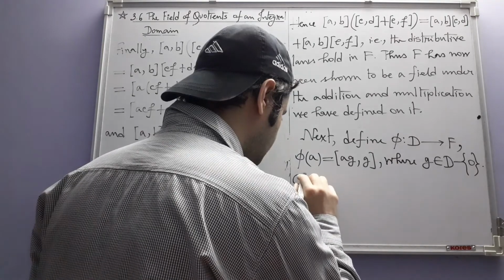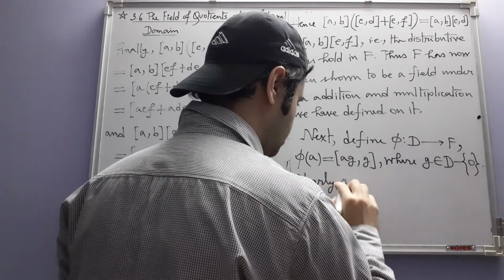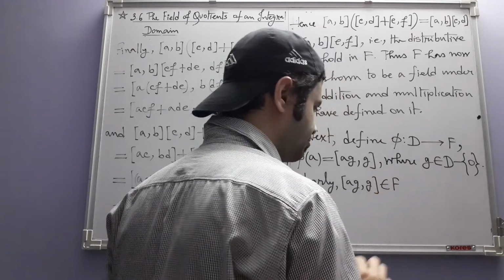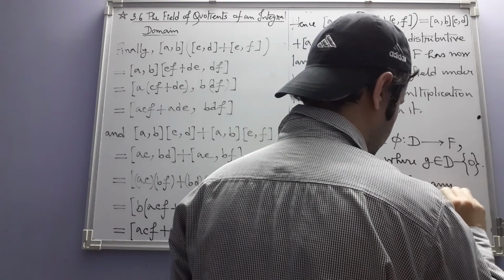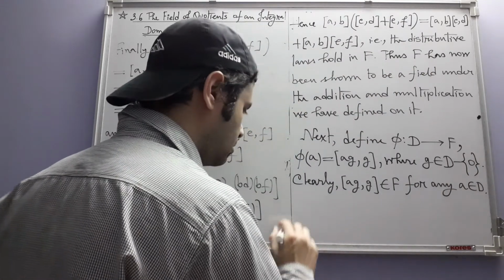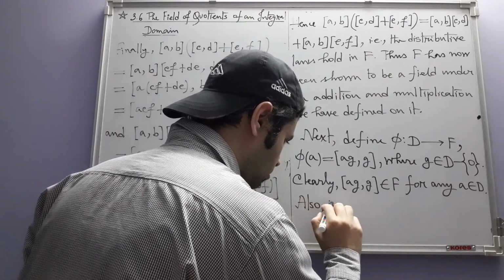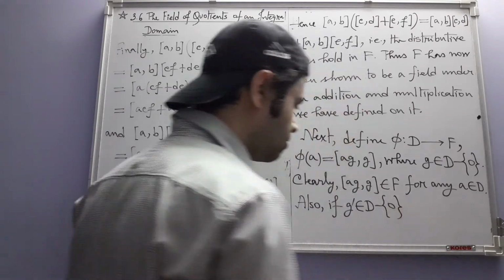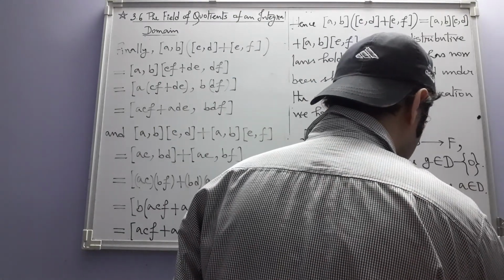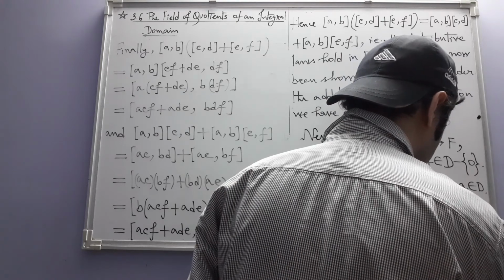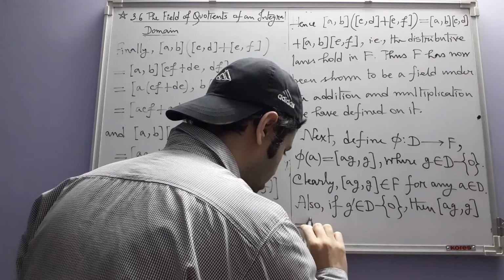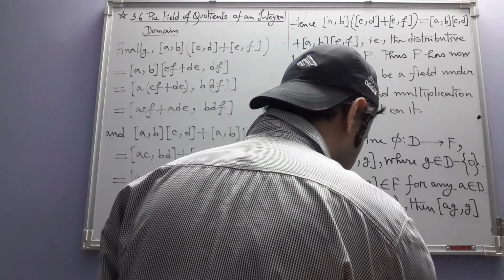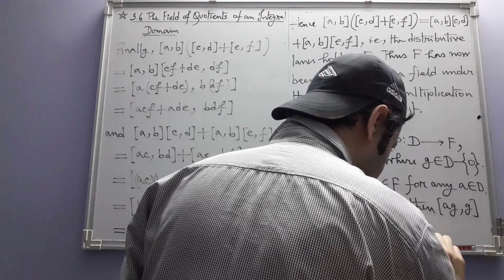Clearly (ag, g) belongs to F for any a belonging to D. Also, if g prime is another possibly different non-zero element in D, then (ag, g) is equal to (ag prime, g prime), so that phi is well defined.